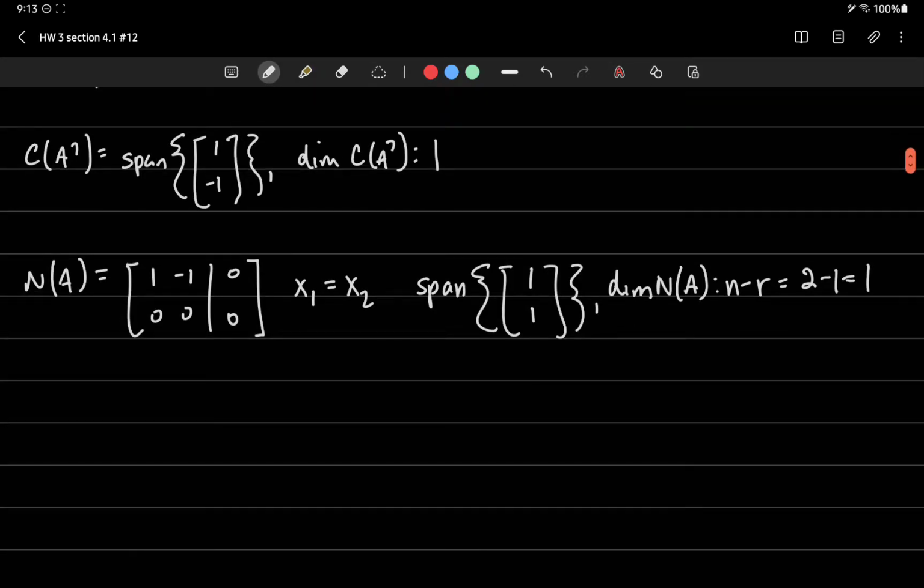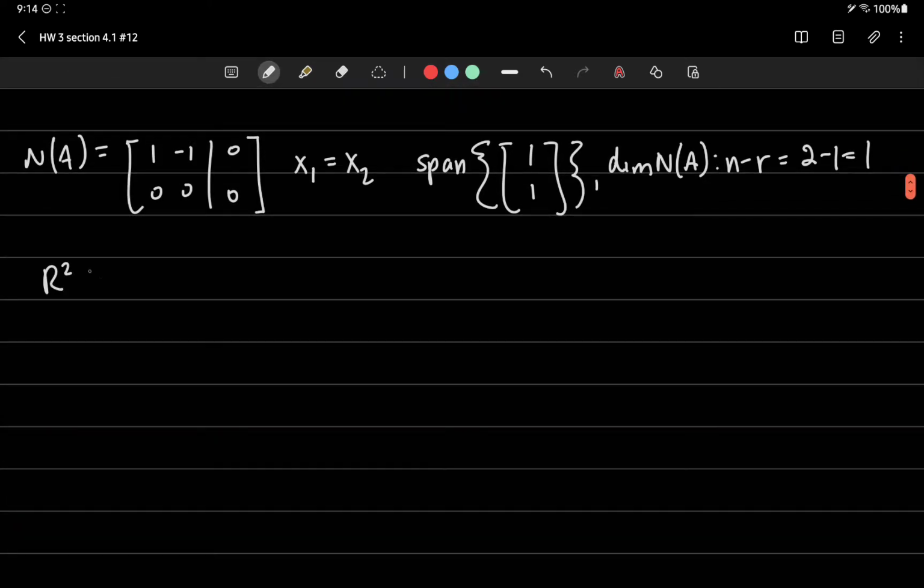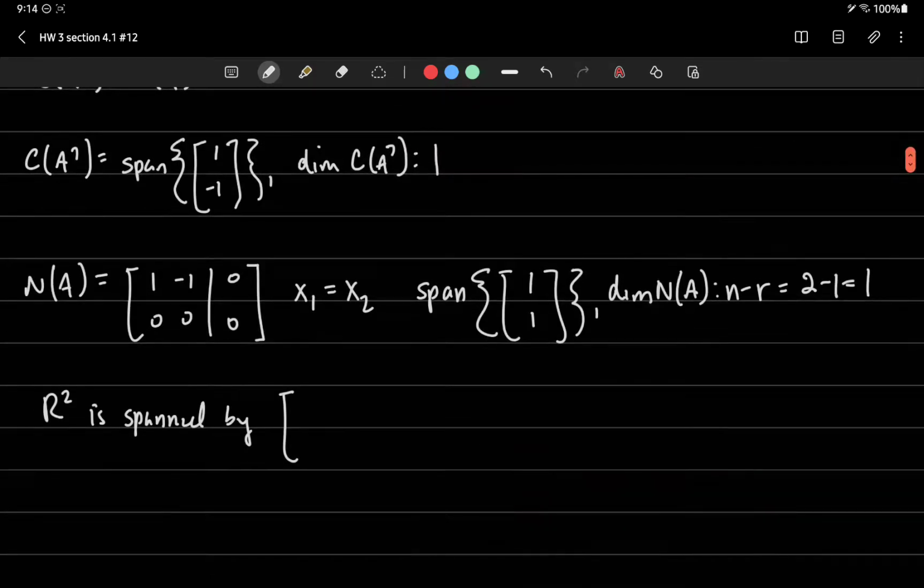If we add up the dimensions of both subspaces, we'll get 2, and from there we can say that R2 is spanned by the vectors 1, -1 and 1, 1.